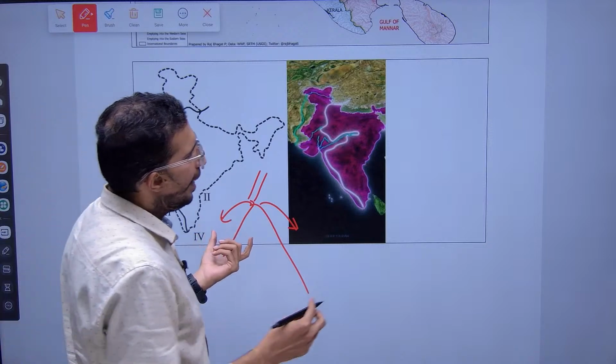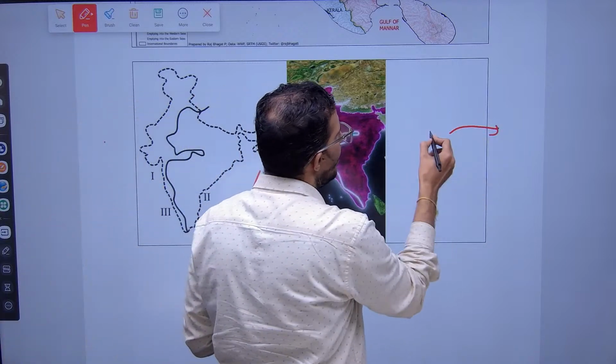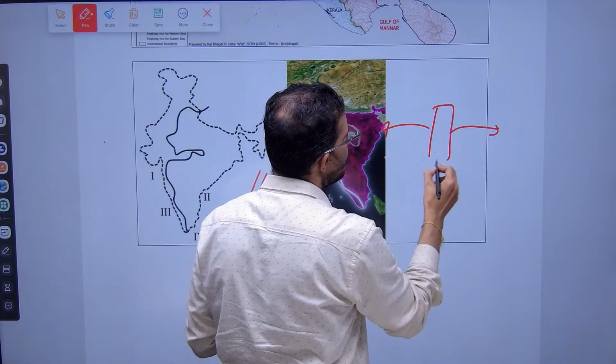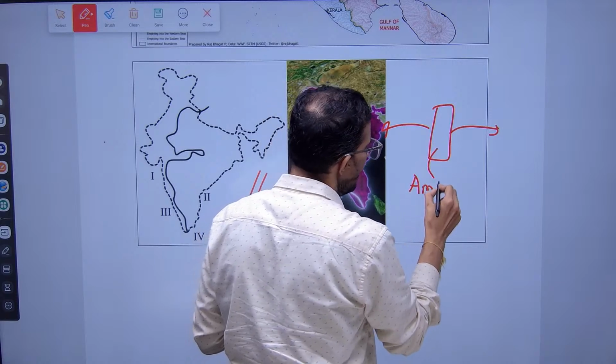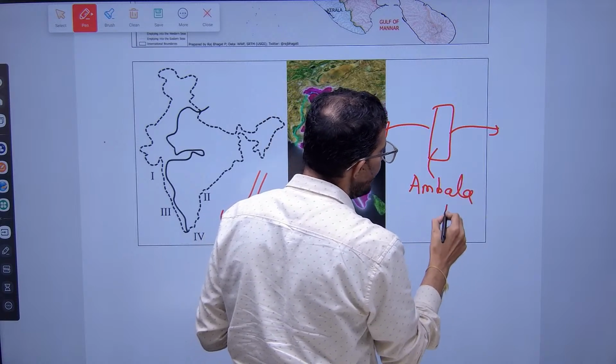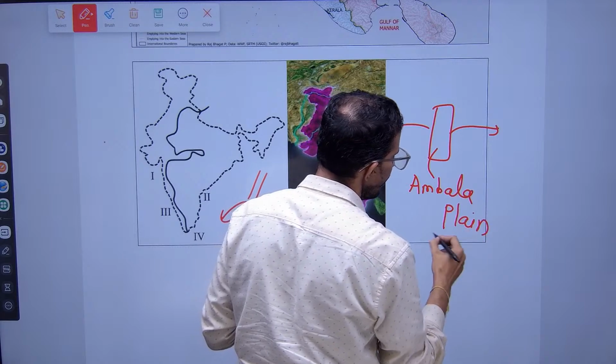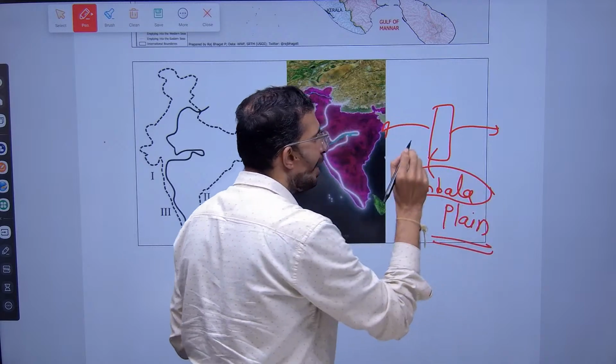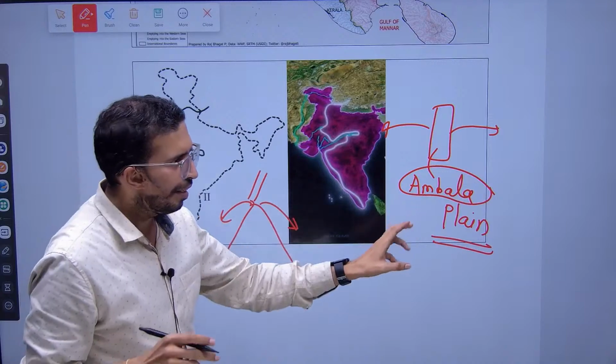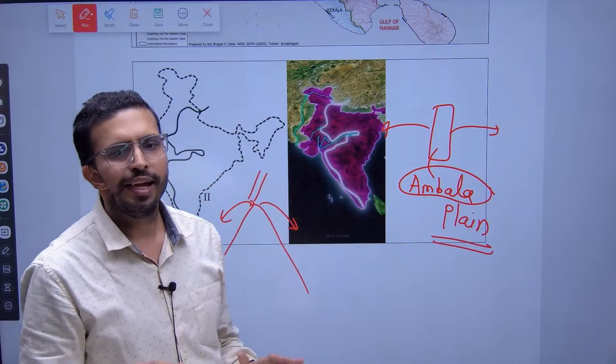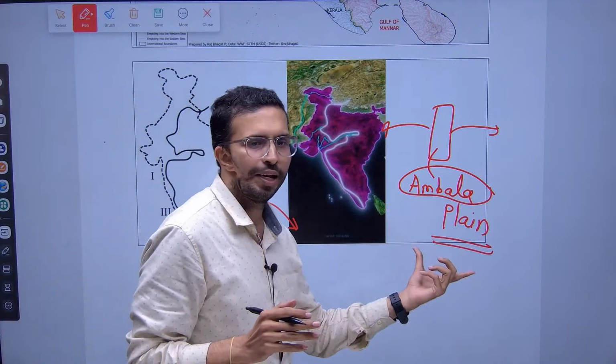But the Ganga and Indus river systems have their water divide in the Ambala plain. Ambala is in Haryana. So the Ambala region does not have elevated land. It is just plain.